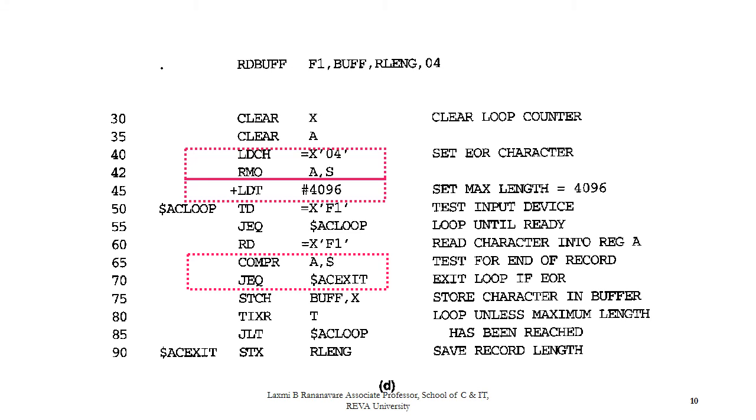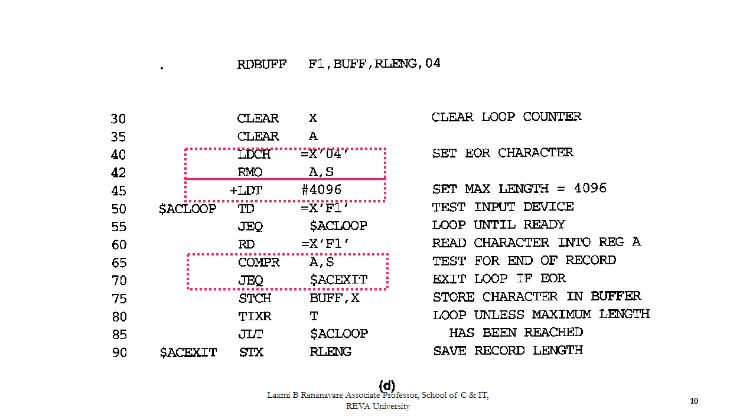So the third macro call is read buffer F1, buffer, R length, and now EOR is read, that is 04, but max length is not read, so the last parameter is not present. So now how is this conditional macro going to work?